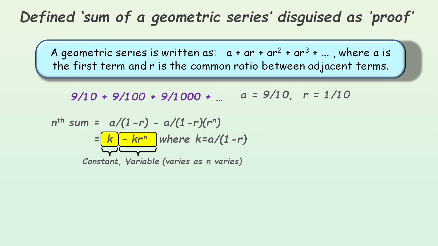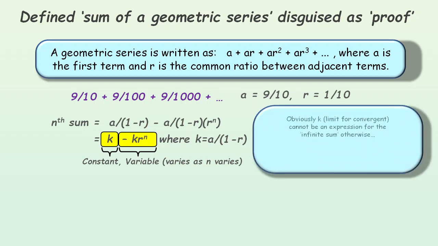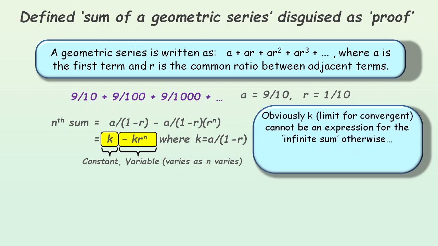So, for a so-called absolutely convergent series, the constant part a over 1 minus r is called the limit. And in complete disregard of the obvious fact that it is impossible to add up infinitely many non-zero terms, the sum is defined to be equal to the limit.